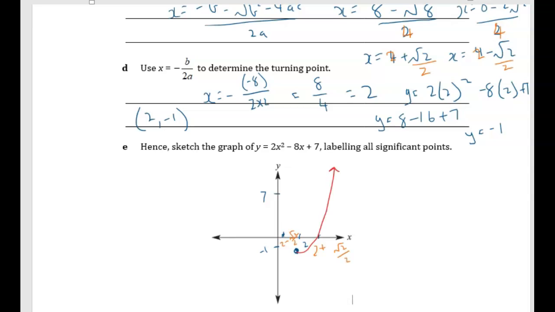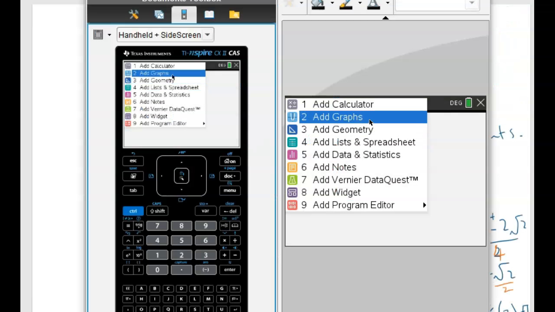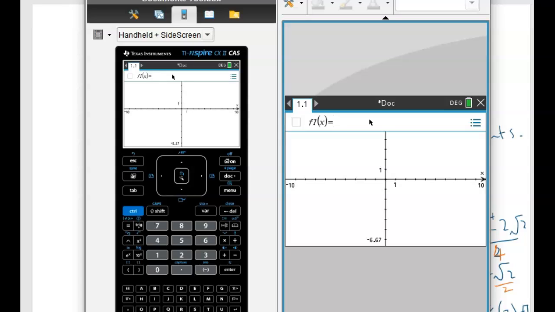Okay, so I'm going to do that on the calculator as well. Oh gosh, sorry, that was supposed to go through 7. I'll quickly do that on the calculator. Let's get my calculator up. All right, so we'll just go to graphs. So it's 2x squared minus 8x plus 7.